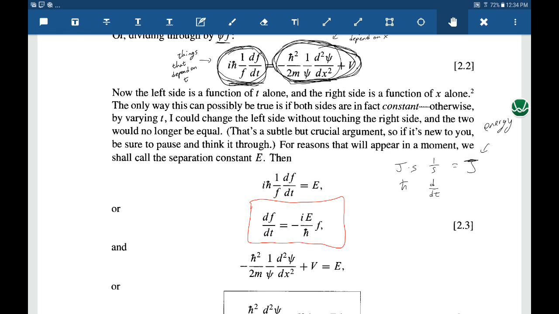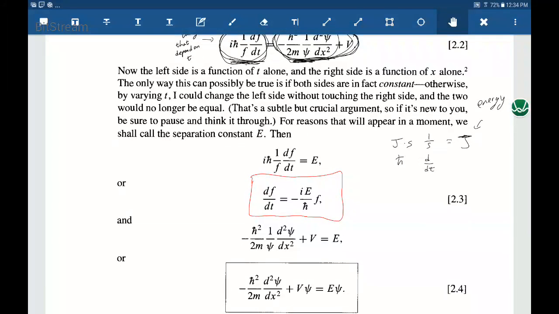If this is true for t equals 0, and is true for t equals a billion, it has to be true for all t in between 0 and a billion. I can't have this equal, say, 5 when t is equal to 0, and then equal 7 when t is equal to 15,000. It has to always equal the same thing, because this guy doesn't depend on t at all.